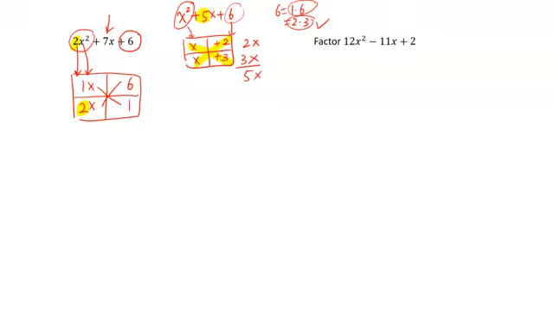The reason is previously we didn't have to do the switch. If you tried this pair and it didn't work, then you could try the other pair, because even if you switch, it's not going to make a difference since the first column is the same. So you'd still get 2x plus 3x, except the order is changed. So previously, when we didn't have a number in front of x squared, if the pair didn't work, there was no point to switch them.